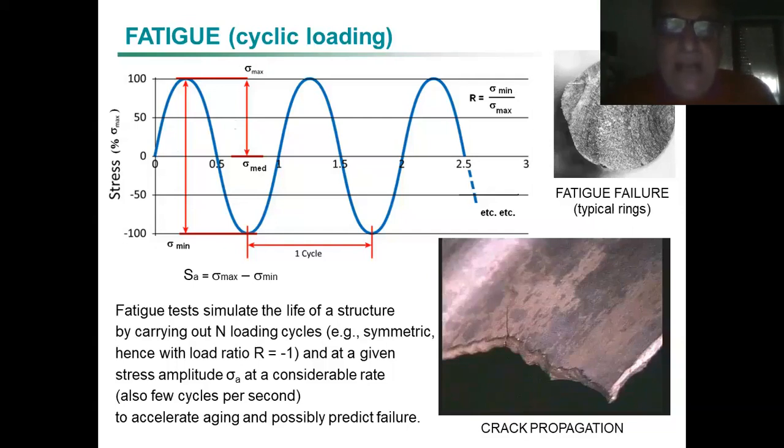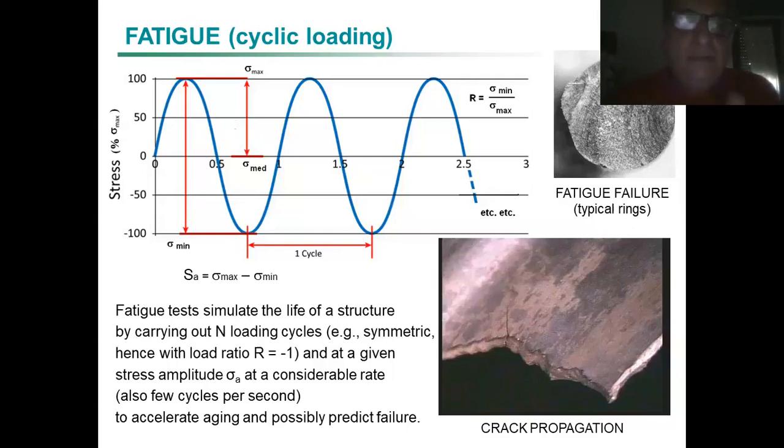We found out that this is performed quite rapidly because we want to predict the life, and of course we don't want to wait for 10 years to understand that our aircraft wing will break in 10 years. We want it to last 10 years, for example, and then we perform fatigue loading in a much shorter time.